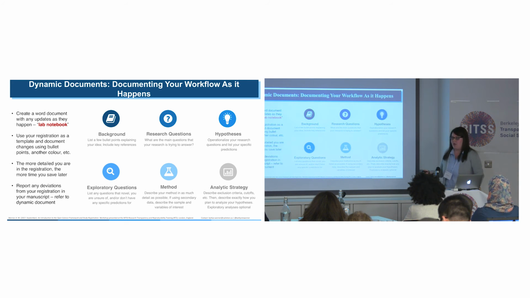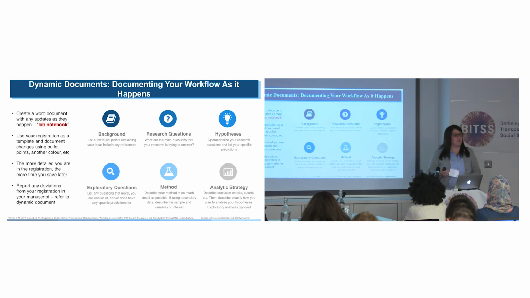And so what does this dynamic document actually entail? What you put into that is completely up to you. This is just some suggestions of the strategies that I use. I usually put a few bullet points of background: why am I doing this study? What's the rationale for this study? Usually very brief bullet points, maybe some key references. I list my research questions, which you have to do in the registration anyways. Then I map on to those specific hypotheses.